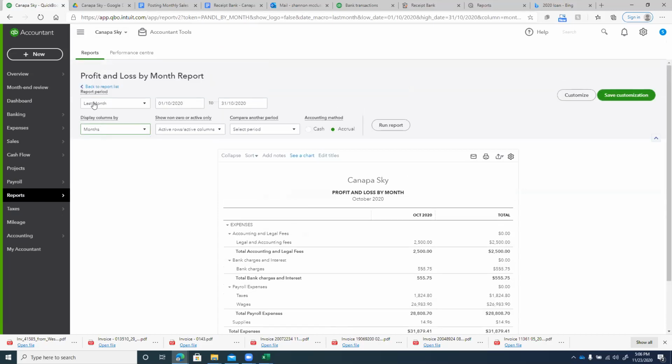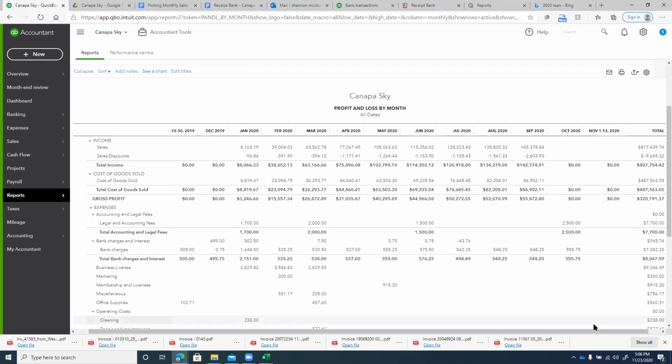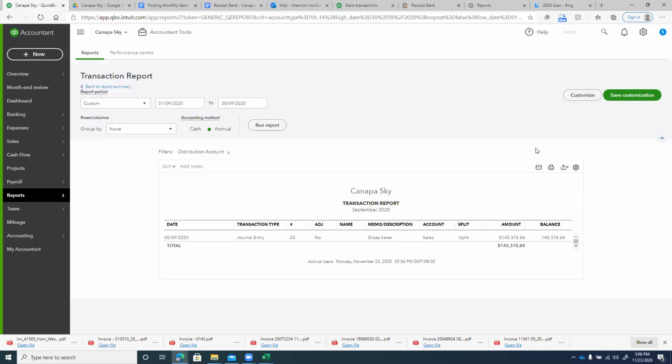I'm going to go months, all dates, and this is going to show us which months have been added. It looks like since I last did the video, I added July, August, and September. So I'm going to open September because that was the last one that I did.